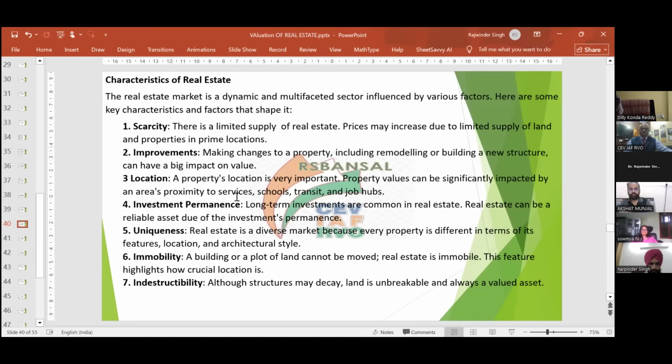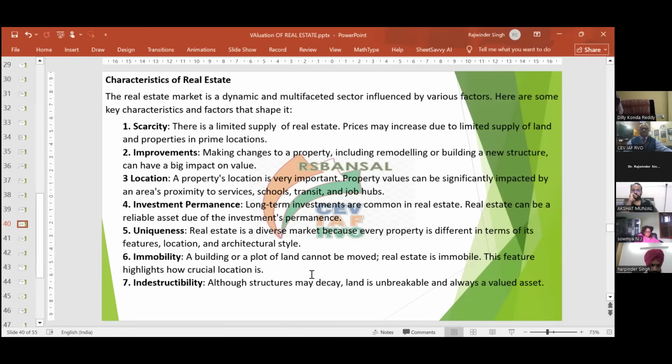Next is characteristics of real estate. First thing is scarcity. Especially in the urban areas, there is limited supply of land and real estate. The more scarce an item or commodity is, the more value it has.